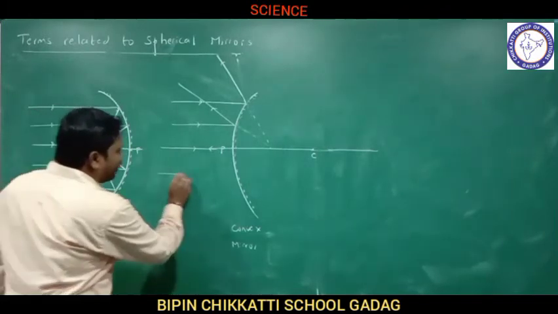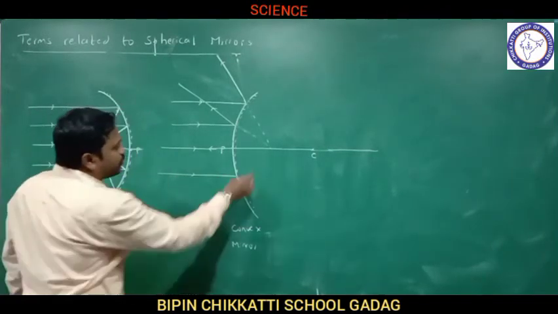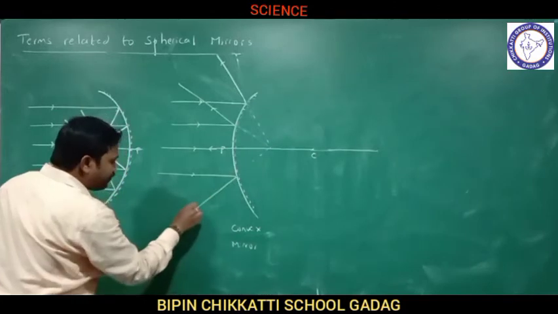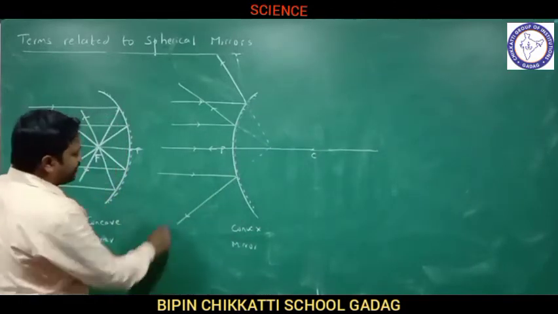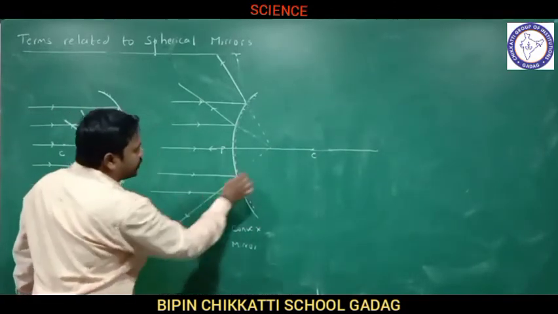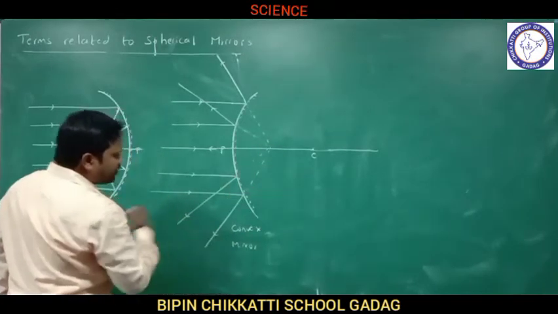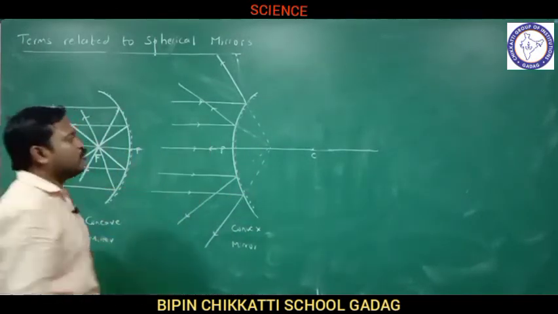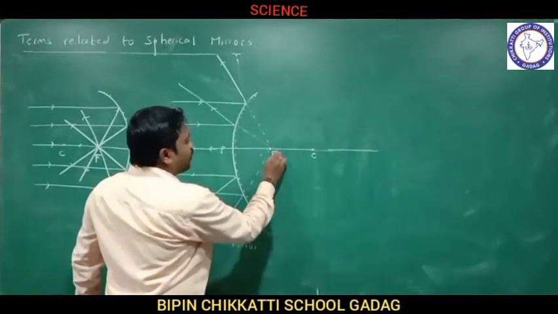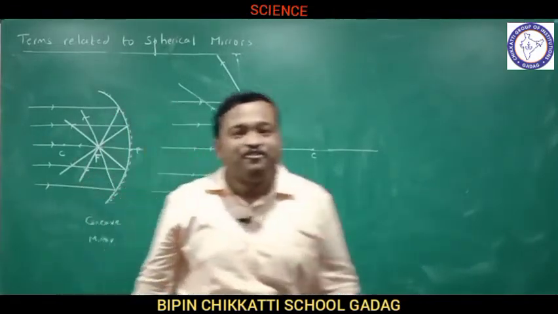If I am taking a ray of light which falls here, it must reflect in this way itself, right? If I take a ray of light here, it must reflect here, and it appears to come from this point, and this point is called the principal focus.